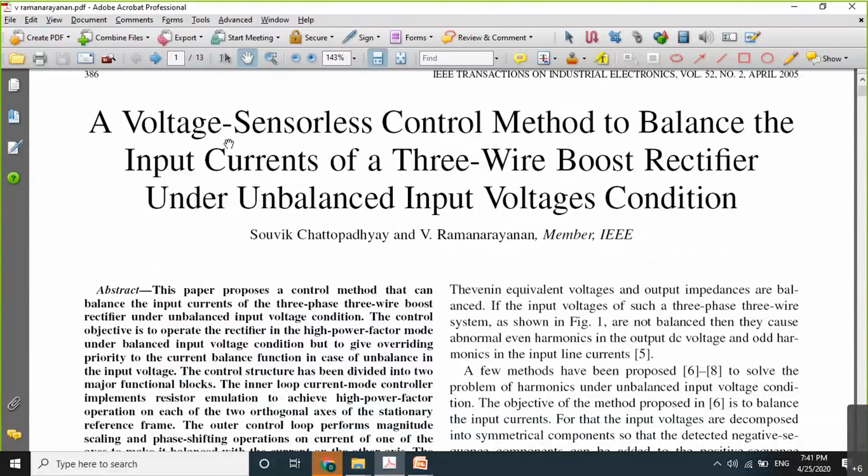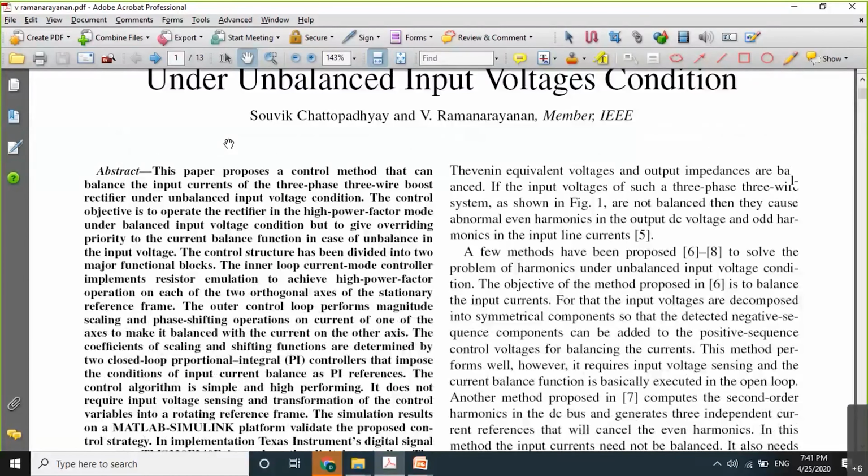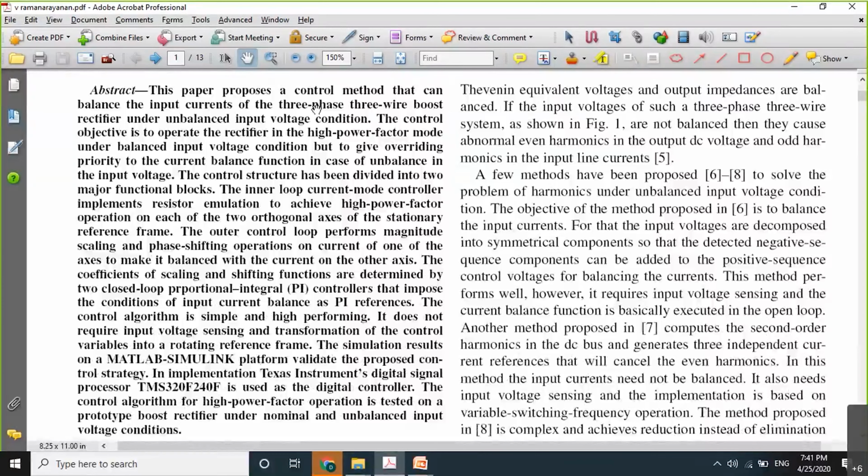The abstract starts with a line, this paper proposes dash dash dash. In one line, the reader will know what is the content of the paper. Note the voice used: this paper proposes.